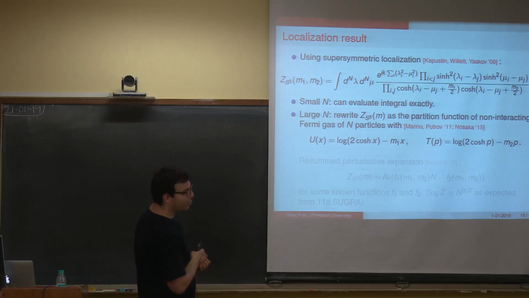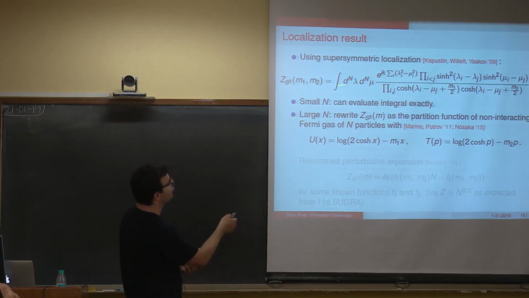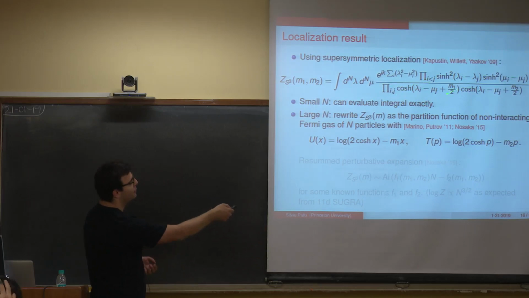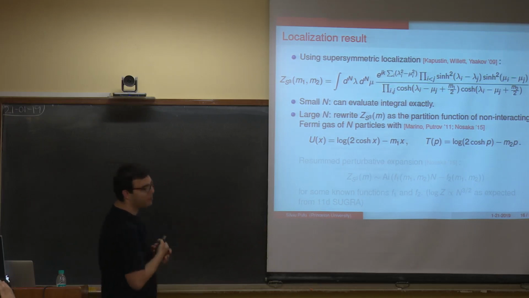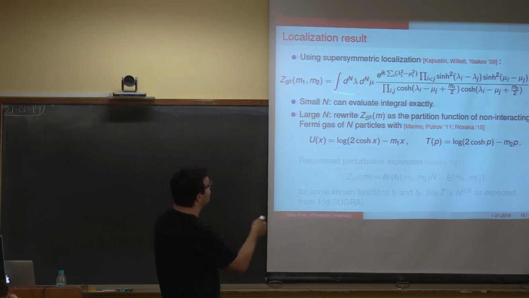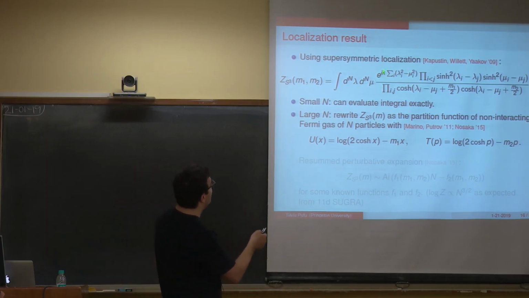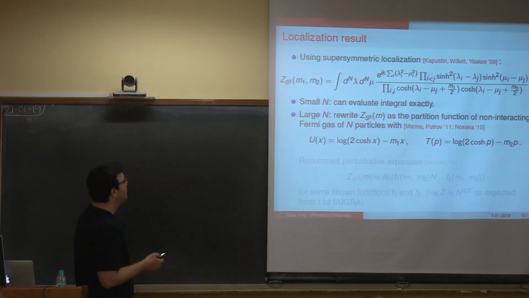Just to show you what the formulas look like. So this is the S3 partition function as a function of the two masses. It's just a 2n dimensional integral. It's got some sinh and coshes, and the mass parameters appear in the denominator. At finite n, one can evaluate this integral exactly. This is the ABJM for arbitrary k. K appears here, but you can set k equals 1.